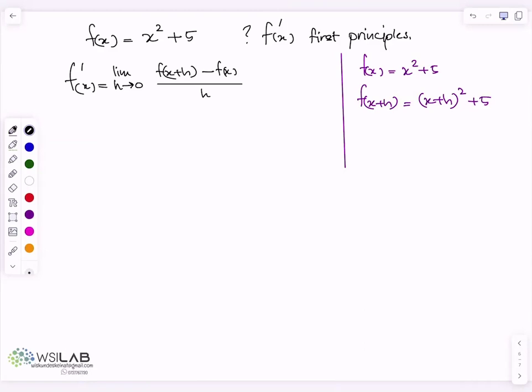So my 5 remains, and that's what's throwing me off, the 5.